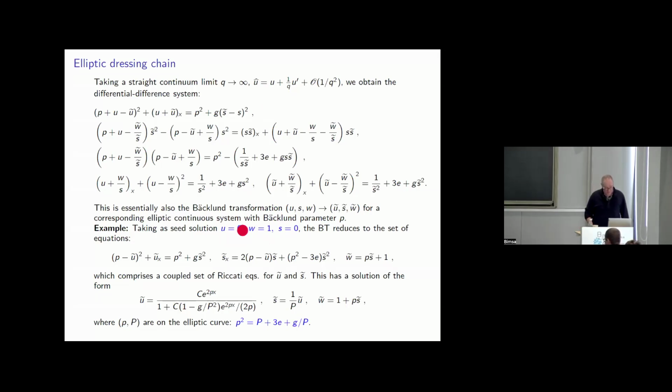Then the system breaks down for that particular seed solution to this coupled system of equations, and that has a solution of this type, which is a kind of one soliton solution. But as you notice, this has parameterizations on the elliptic curve. So the rapidities, or the Backlund parameter here, is a point, namely little p, capital P, on the elliptic curve.